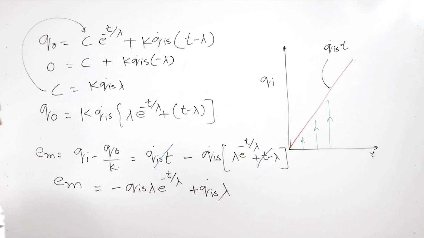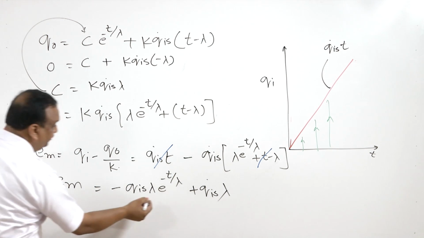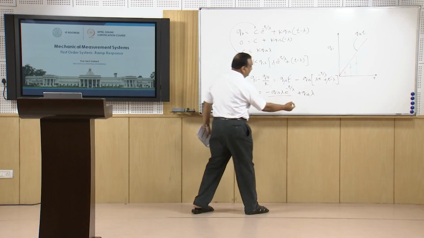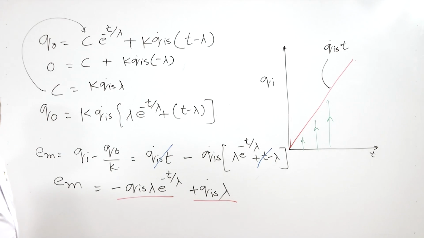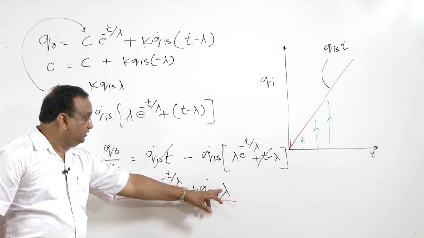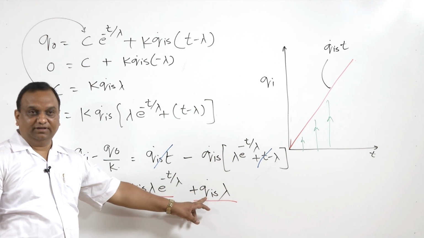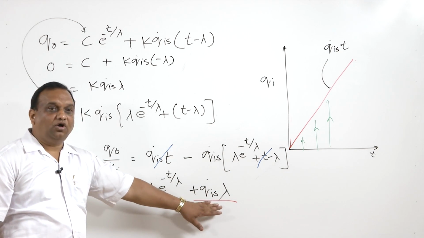This error has two components. One component is this one, which is time dependent. Another component is this, which is not time dependent, which is dependent only on the time constant and rate of input. That's it. It is not dependent on anything.